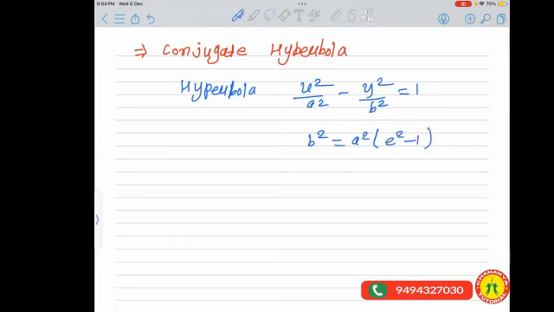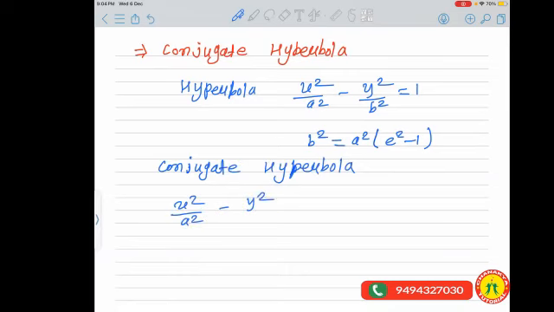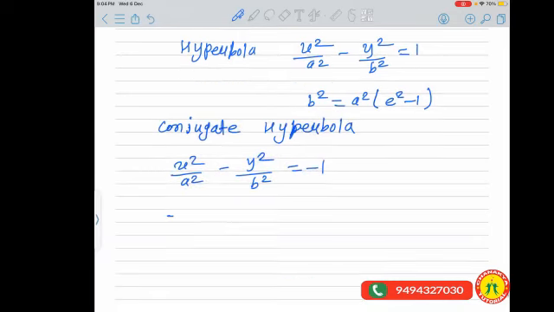Now for the conjugate hyperbola, that is x square by a square minus y square by b square is equal to minus 1. This is the conjugate hyperbola. Or we can write minus x square by a square plus y square by b square is equal to 1.